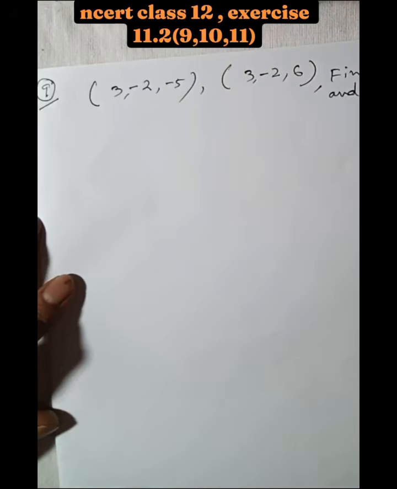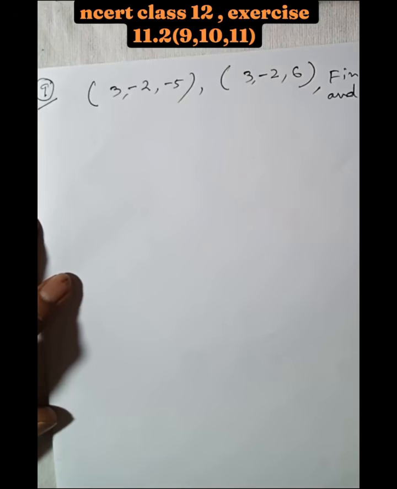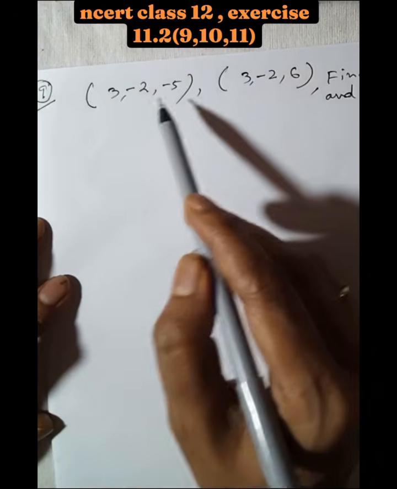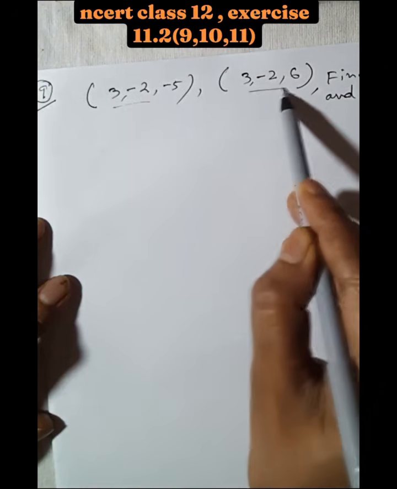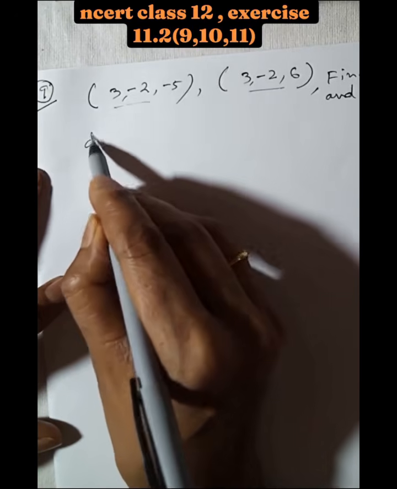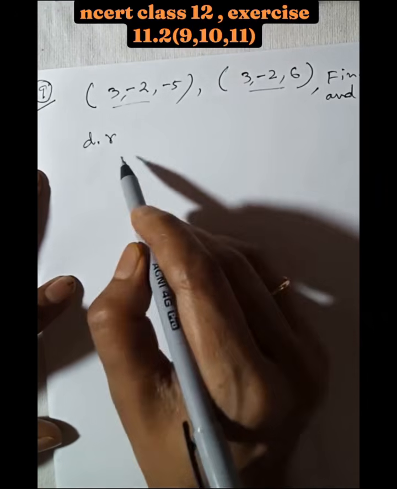Now we find another equation, the vector equation and Cartesian equation of the line which passes through the given two points. First we find the direction ratio of the given points.